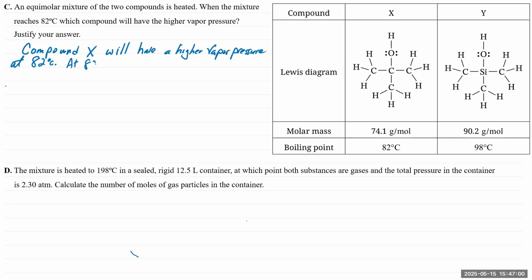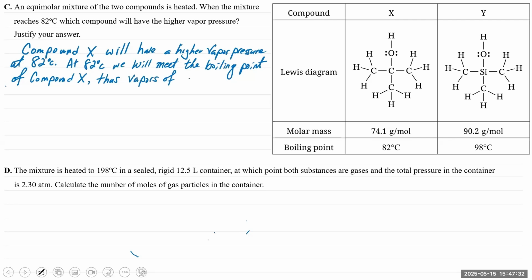At 82 degrees Celsius, we will meet the boiling point of compound X, thus vapors of X will form.